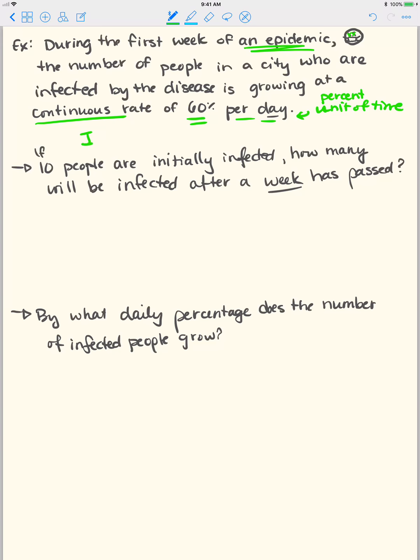the number of people infected would be some initial value times e to the 0.60t, because this rate is 60% per day. This question starts by saying if 10 people were initially infected, so that would make our formula 10 times e to the 0.60t. How many would be infected after a week had passed? Well, since our time is in days, a week is going to be a t value of 7 days.